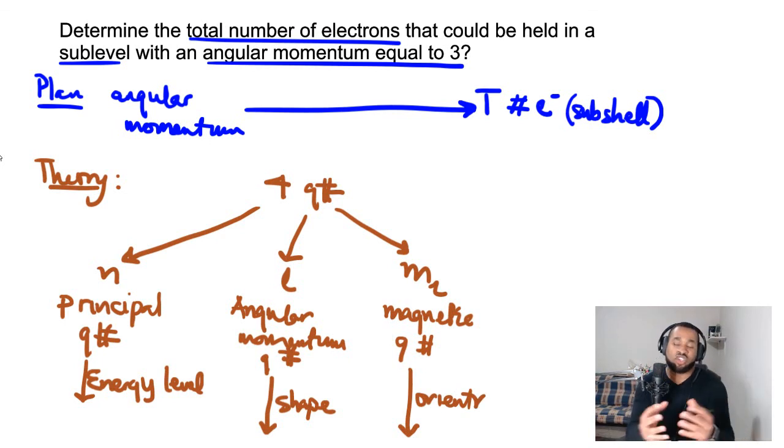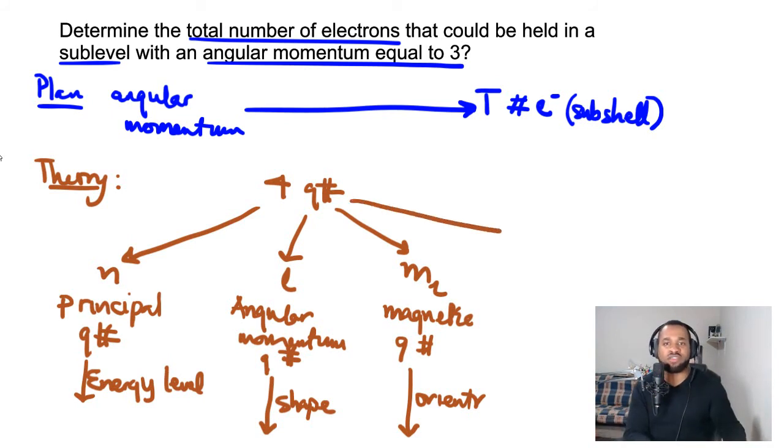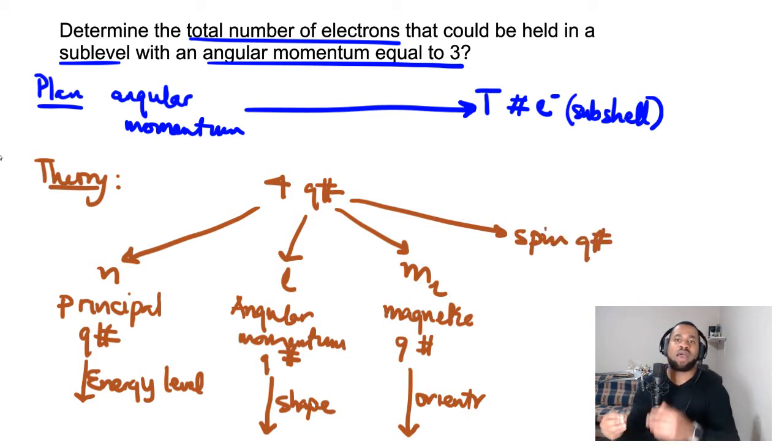In a specific shape, you might have other orientations within that sub-level or subshell that are important for you to analyze how the electrons are arranged, which leads to our final quantum number, the spin quantum number, which explains how electrons are positioned in those orientations.